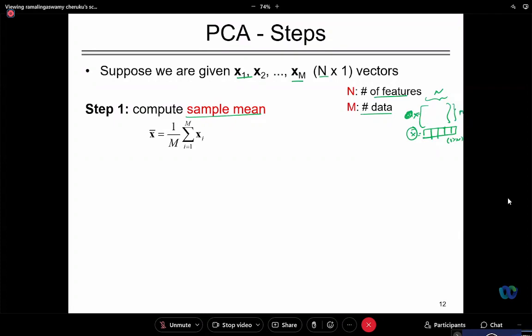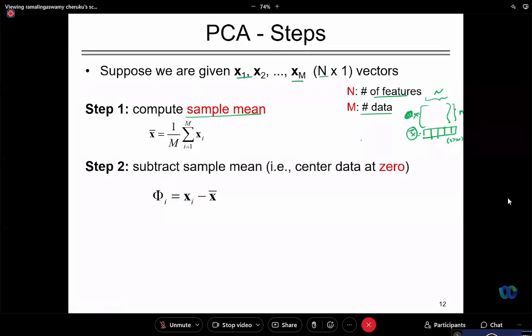Once you find this x bar, you find the zero mean data. What does zero mean data mean? It means you are doing normalization. The x bar has to be removed from each and every value in your x. Suppose x bar 1 will be removed from all the values in the first column, and x bar 2 will be removed from all the values in the second column.